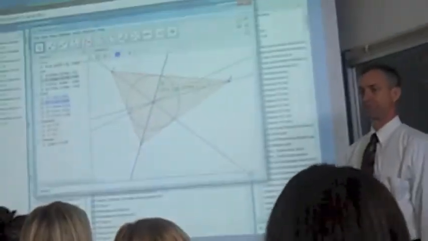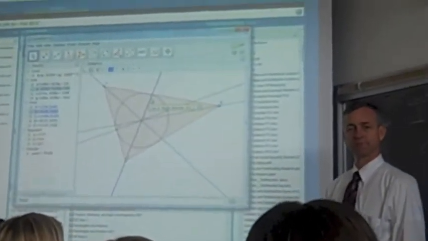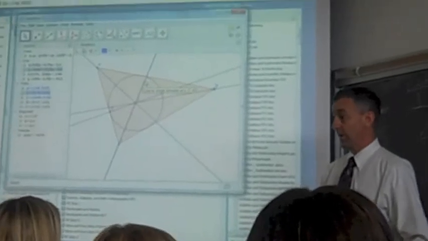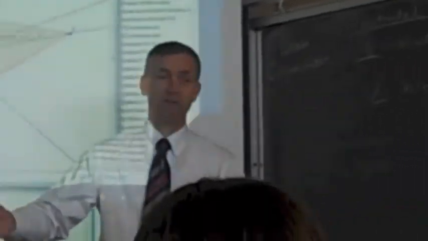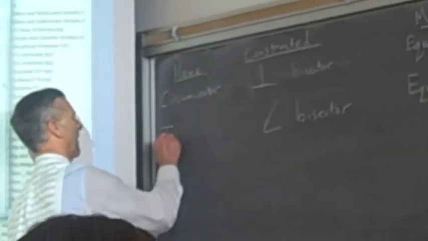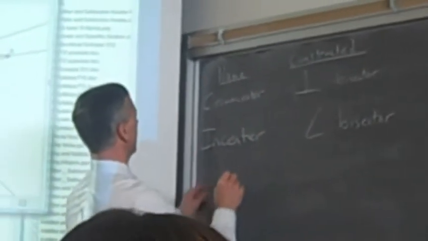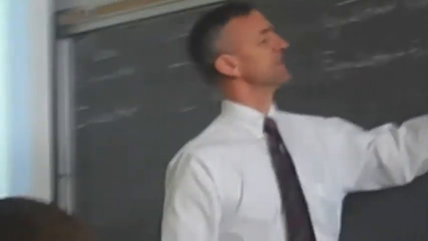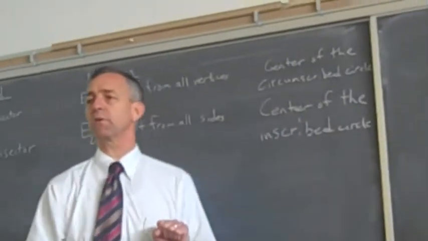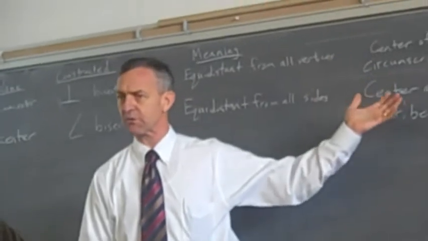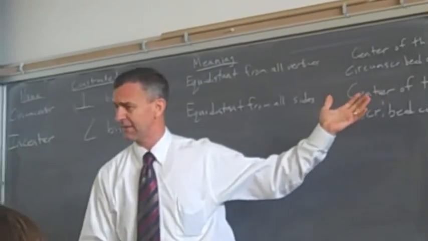What do you think we should call it? Well, an incenter would be a good name, right? Incenter, because it is the center of the inscribed circle, whereas the circumcenter is the center of the circumscribed circle. Does that make sense?